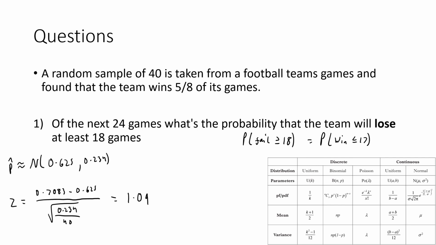Then if we use our normal distribution table, for 1.09 we get 0.8621. The probability of z being less than or equal to 1.09 is 0.8621.